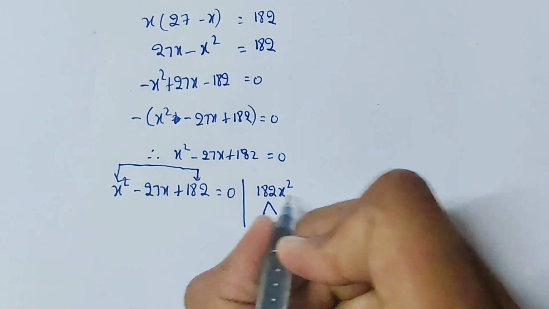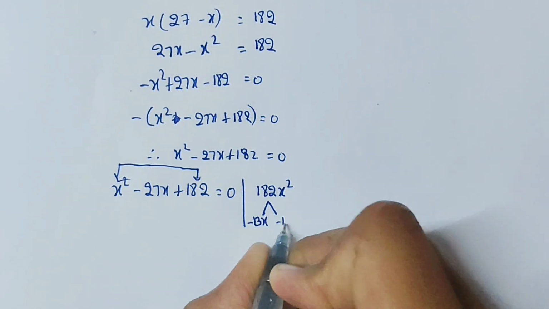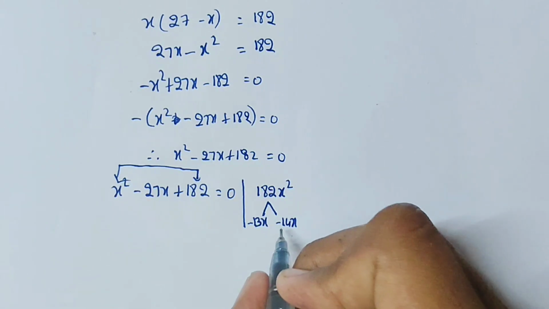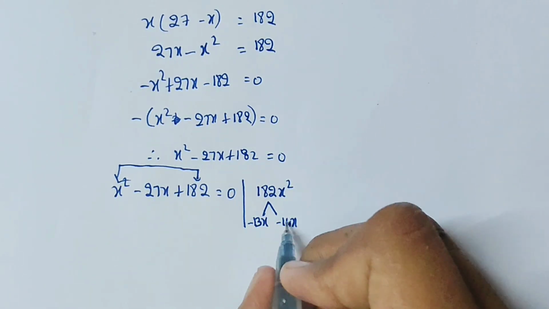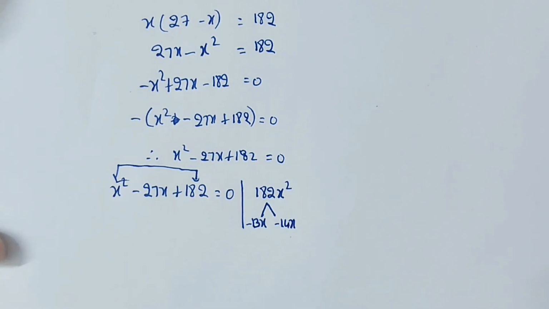The factors for 182x square are minus 13x and minus 14x. If we add both, we get minus 27x. If we multiply minus 13x into minus 14x, we get plus 182x square.